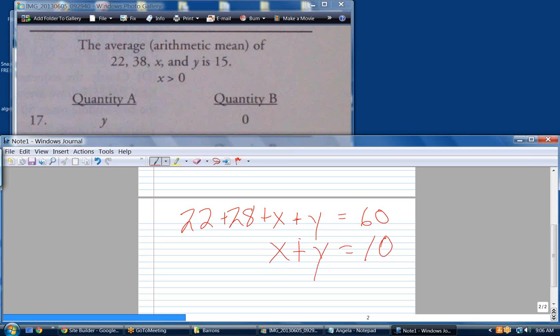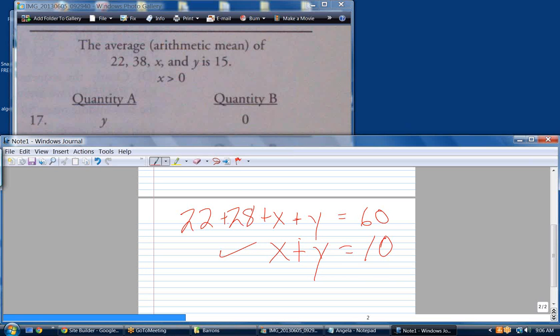And if x is positive, y could be positive or negative. I didn't get a chance to look at this one earlier, and I think the book actually has a misprint. They're saying that the answer is B. They're saying that y has to be negative, but it looks to me like if x is greater than 0, y could be positive or negative, based on this last equation here.